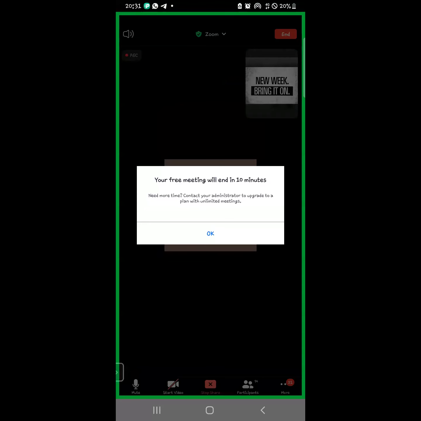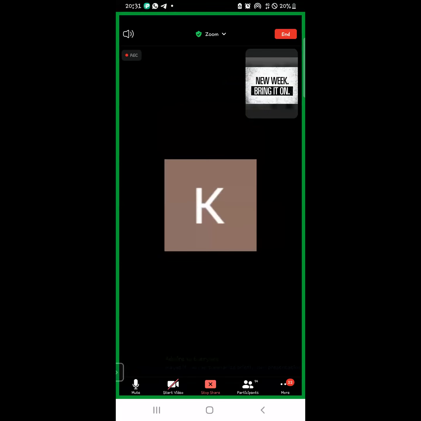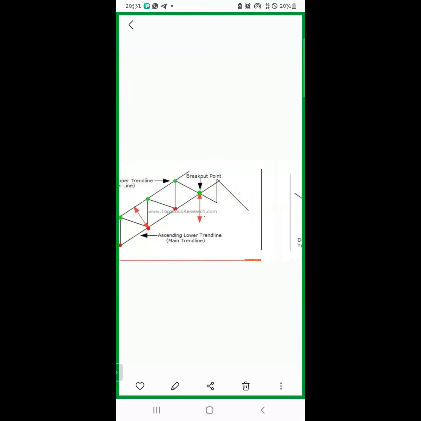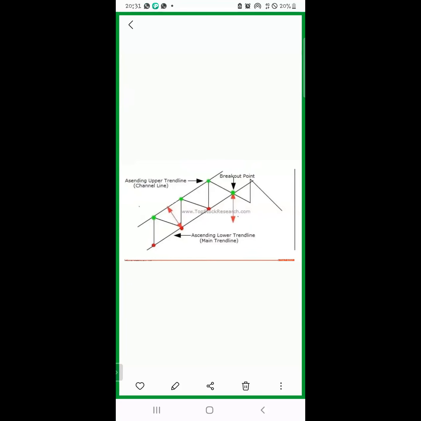Then there's someone who's saying, can you please summarize your presentation briefly? All right, so let me just go back here. When we are talking about channels, we have two types of channels: the ascending channel, which is this one, and the descending channel, which is this one.